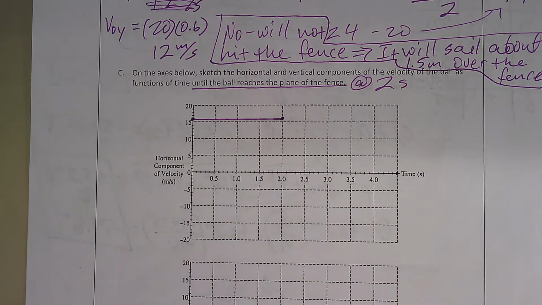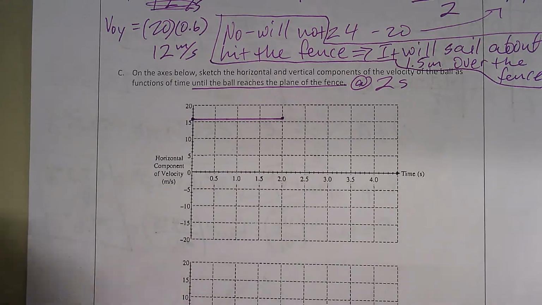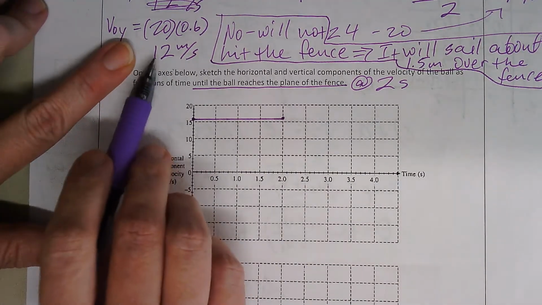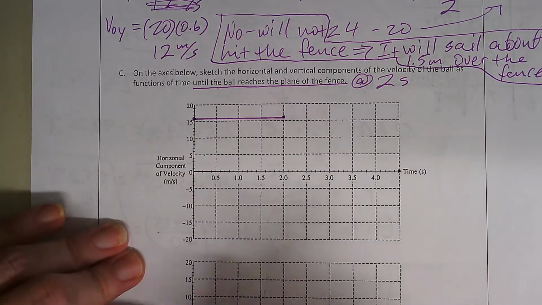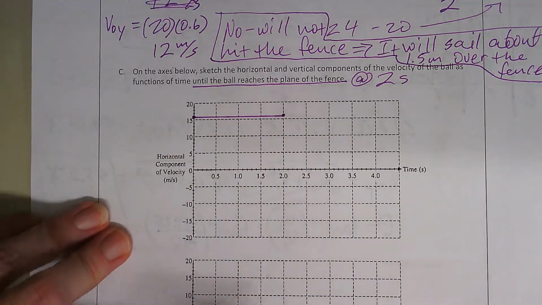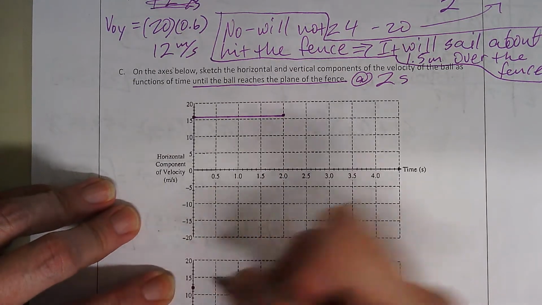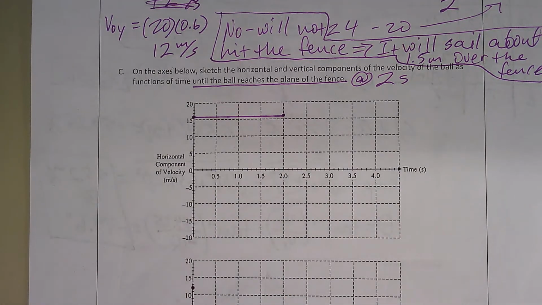Now, the vertical component of velocity. What is the slope of the line for the vertical component of velocity for anything that is in free fall? Negative 9.81, which is really close to negative 10. So the slope of this line needs to be negative 10. I know that its initial velocity is 12 meters per second, so at 0 it's going to start at positive 12, about here. How many meters is it going to fall per second? 10.